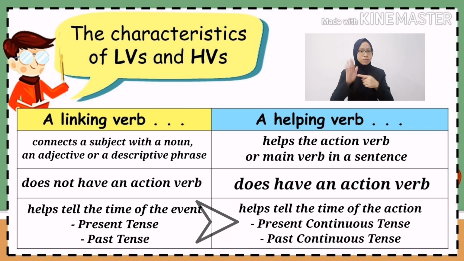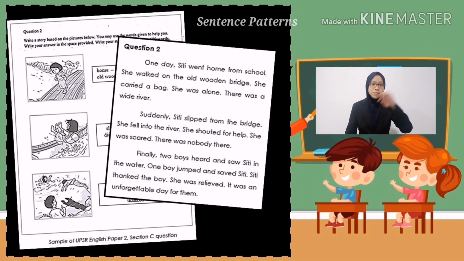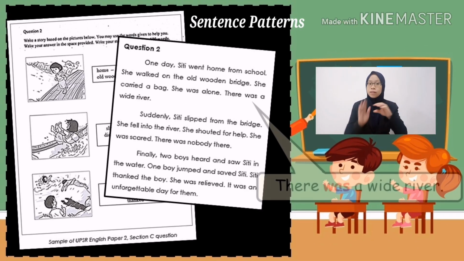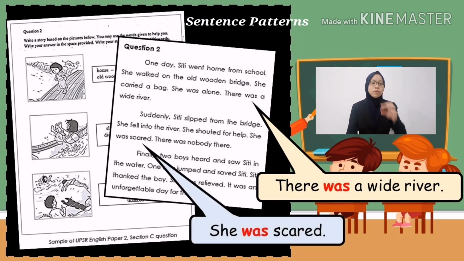To show continuity of an action, we must use either present continuous tense or past continuous tense in a sentence. Just to let you know, all the examples shown earlier are the sentence patterns that we will use in our stories.